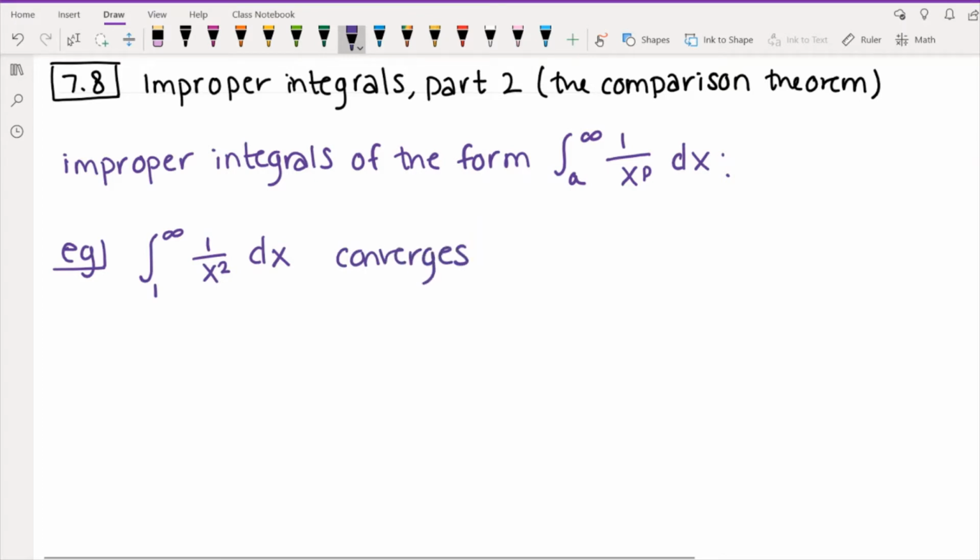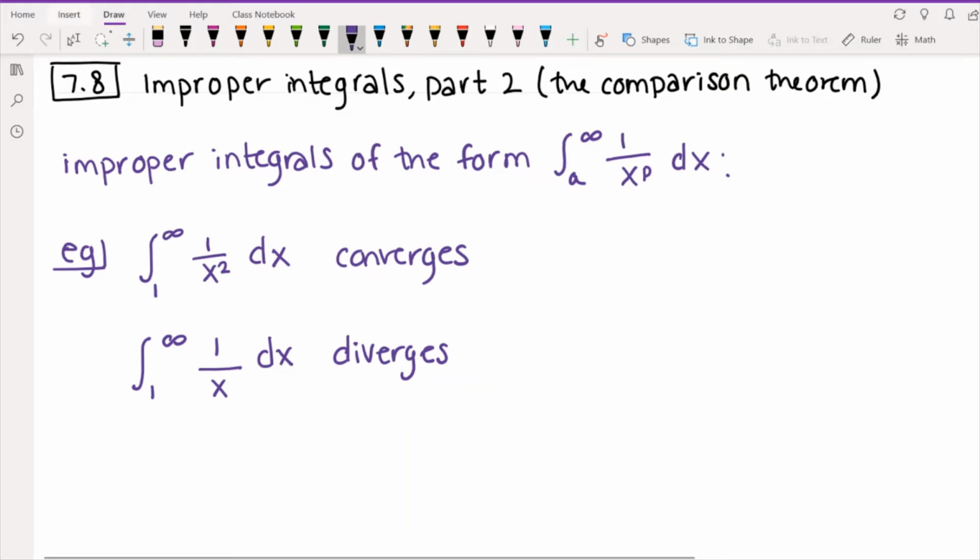Specifically, it was equal to 1. We also saw that the integral from 1 to infinity of 1 over just x diverges. So basically, there's some point at which it switches from converging to diverging. And so that's what I want to try to figure out right now.